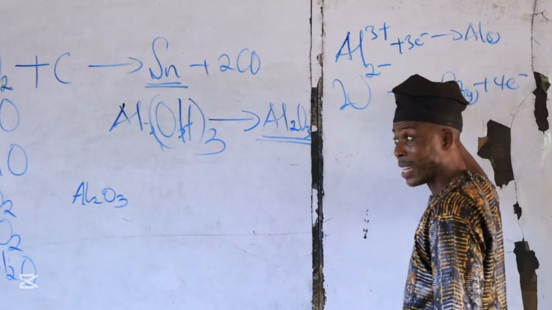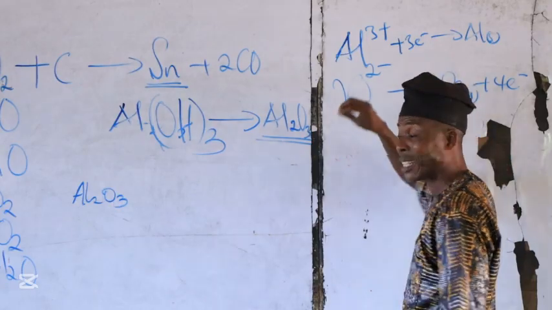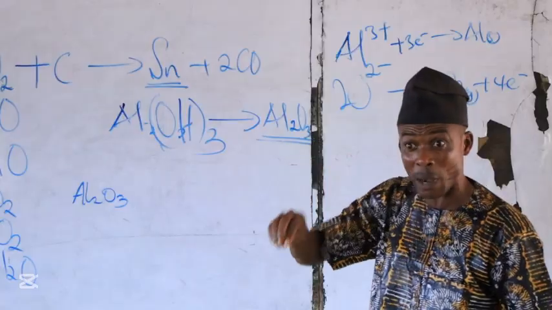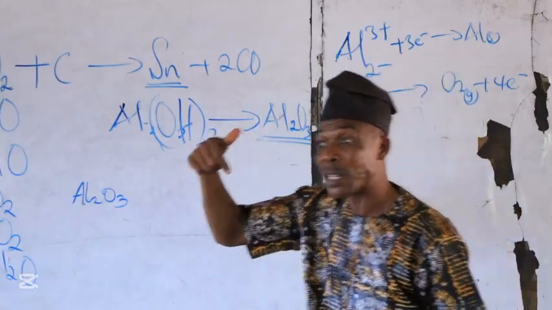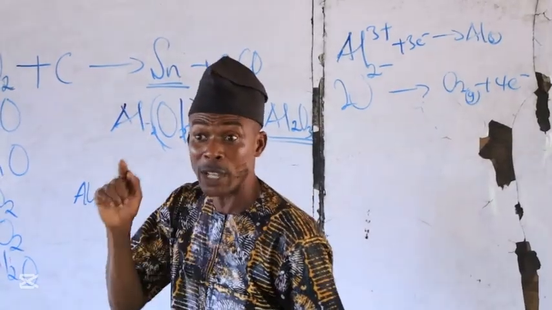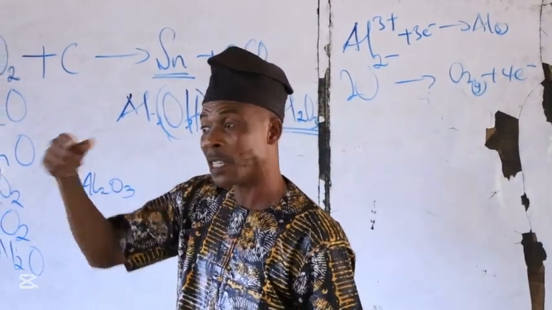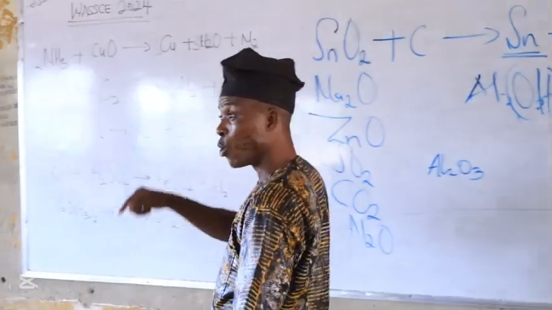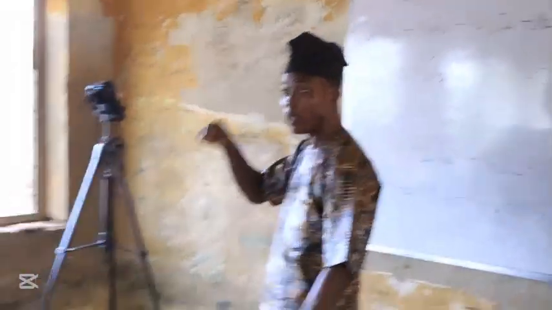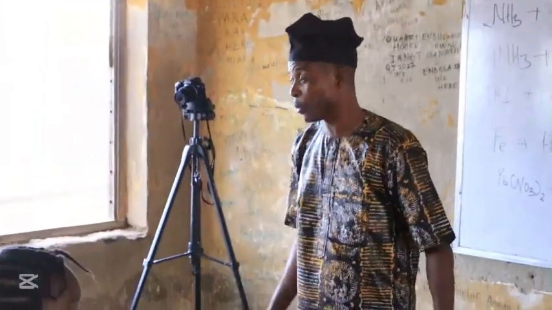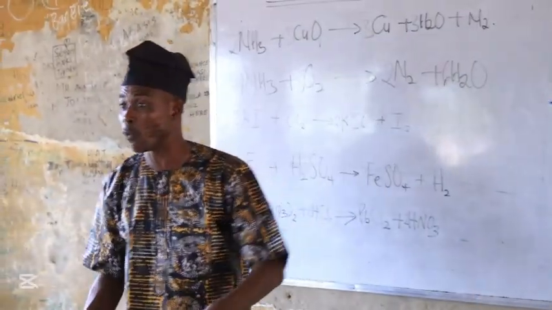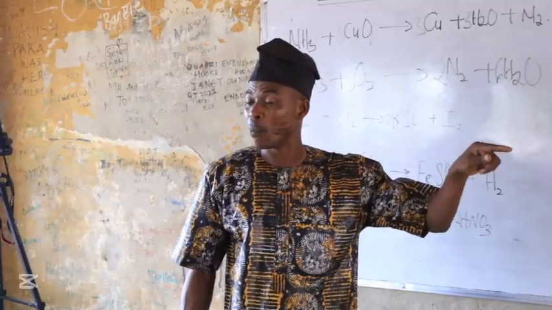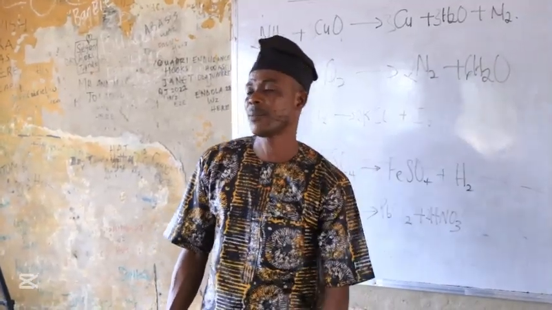There is a tendency that the oxygen will react with the carbon to form carbon dioxide. That anode must be frequently removed to prevent such. That means intermittently the anode, which is made up of graphite, should be removed so as to prevent the attack of the oxygen on the graphite.